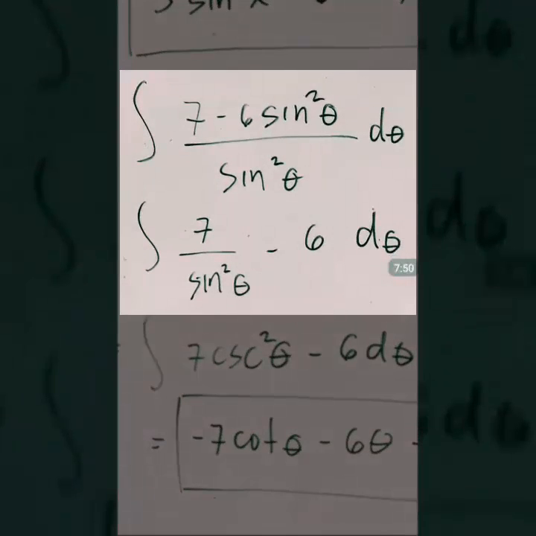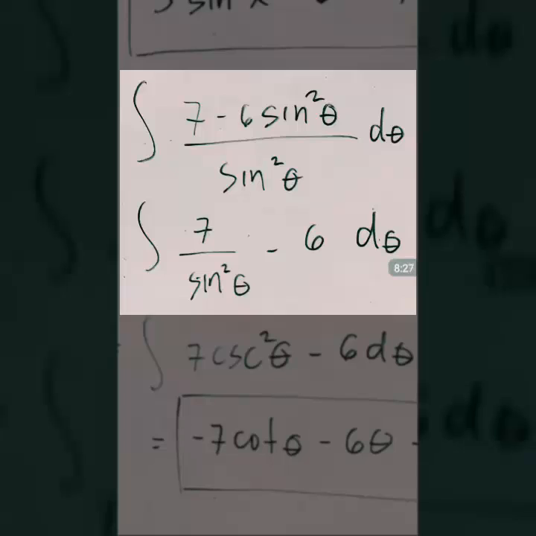Dito sa second step na yan, kung hindi pa natin nakikita kung paano natin ma-integrate, remember na dun sa ating trigonometric function, 1 over sine is equivalent to cosecant. Kung natatandaan nyo pa yan; kailangan nyo mag-review dun sa inyong trigonometric identities. 1 over sine is cosecant, 1 over cosine is secant, 1 over tangent is cotangent.